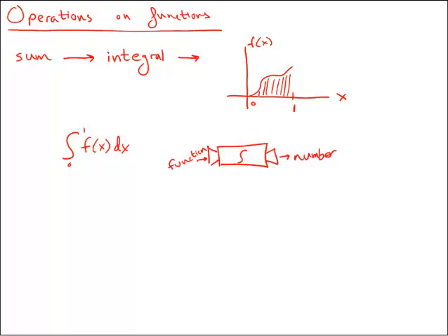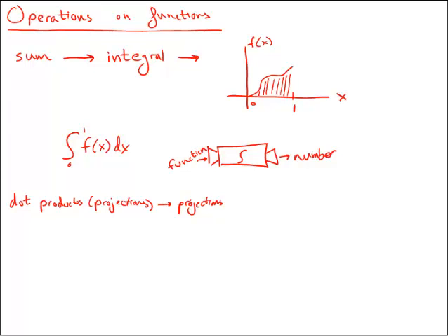So the integral is the function version of a sum. Sound good? Okay. Now in the vector world, we had dot products, or projections. And in the function world, luckily we can still call these projections. The naming of things doesn't change too much.